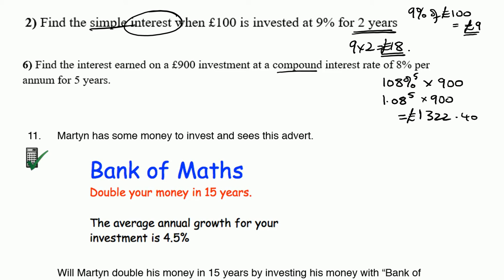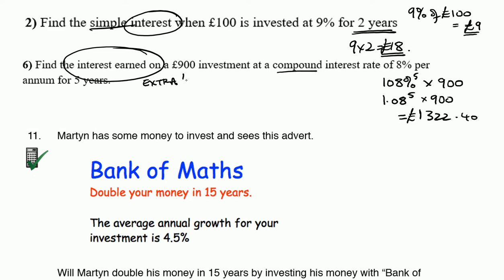But we need to be careful. Once again, we have to look at this language. The interest earned is not this total value over here. The interest earned is the extra, the stuff that we get given over and above the 900.